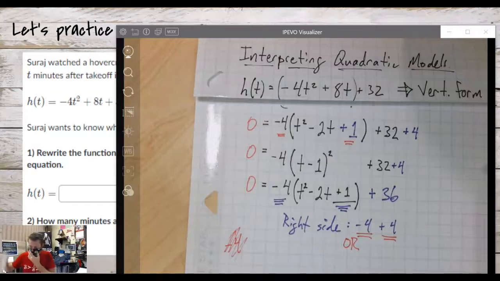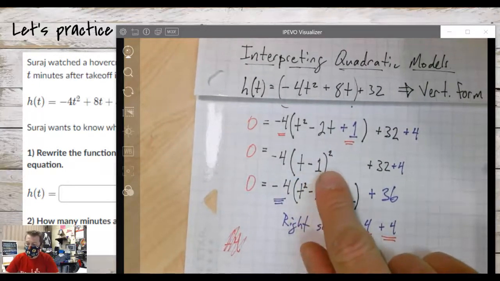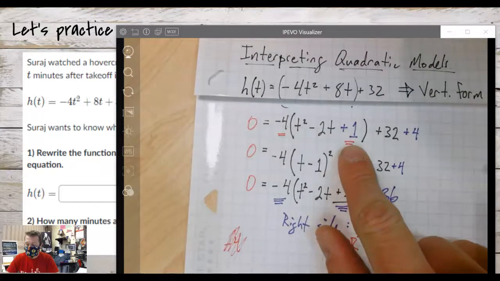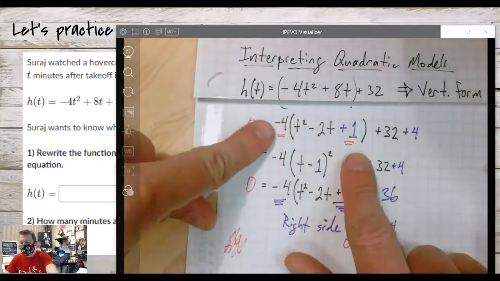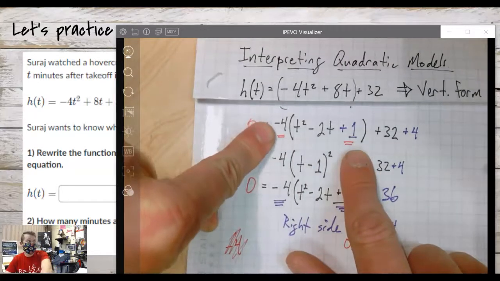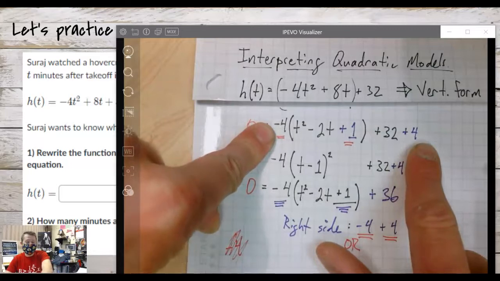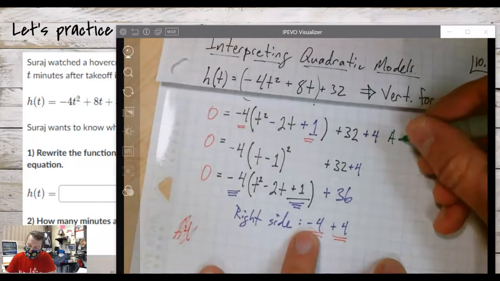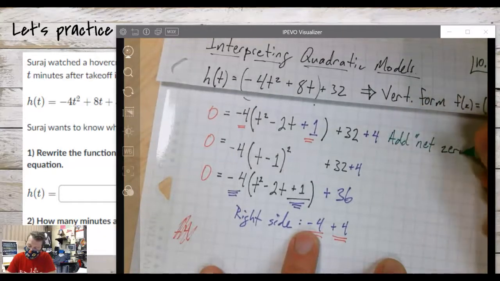Thank you. All right, so one more time before we move on. To make the perfect square happen, we had to add 1 to our trinomial, which actually subtracted 4 from the entire right side. So then we added 4, so that what we actually did was add a net 0.